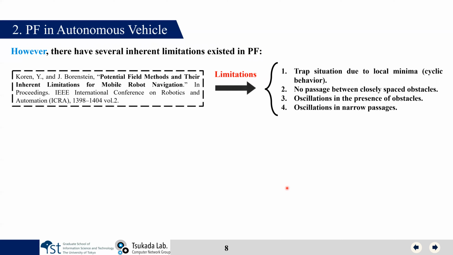However, there are several inherent limitations in PF that are pointed out by these references. There are four inherent limitations actually. The first one is the trap situation, and then no passage between closely spaced obstacles, oscillations in the presence of obstacles, and oscillations in narrow passages.